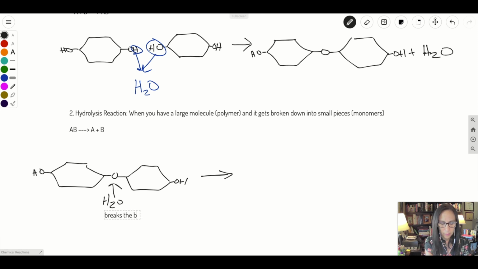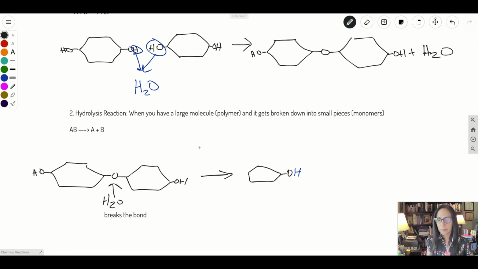Oops, the bond. And this is why it's called hydrolysis. So hydro means water and lysis means to break. So basically it's just water breaking the bonds. And so then what we end up with is we have the bond broken in between the 2 pieces. So we have the O stays here, and then the H from the water is going to join that oxygen.